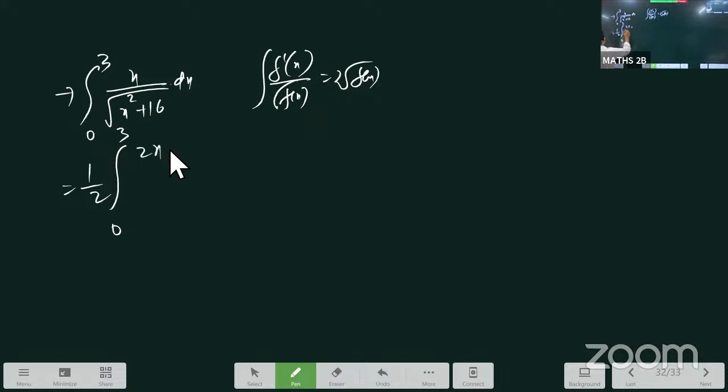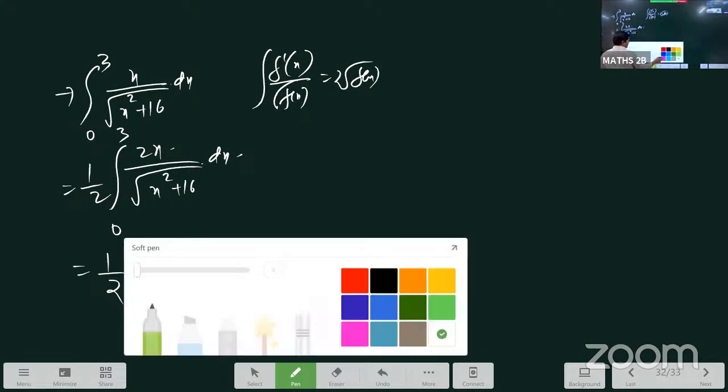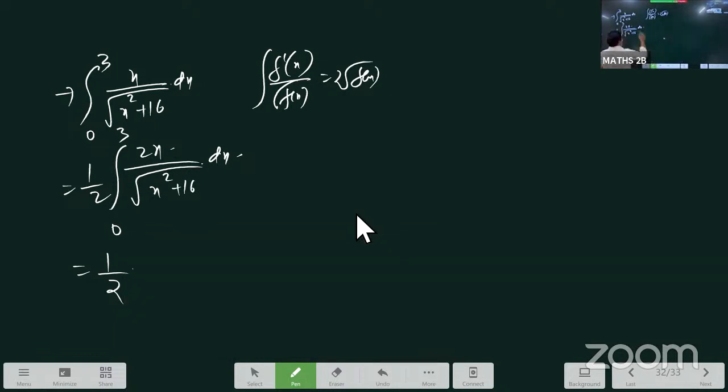0 to 3, 2x by under root of x square plus 16 dx. Now 1 by 2. Now this looks like f dash of x, and this looks like f of x.